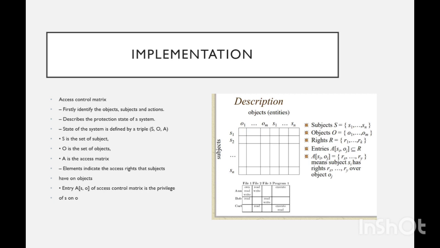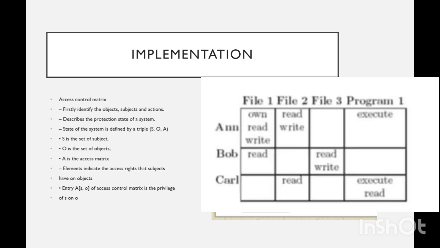You can see in the figure we have three subjects, that is Ann, Bob and Carl, and we have four objects: file 1, file 2, file 3 and program 1. Ann can perform read and write operations on file 1 and on file 2, while it cannot perform any functions on file 3 and can execute program 1.